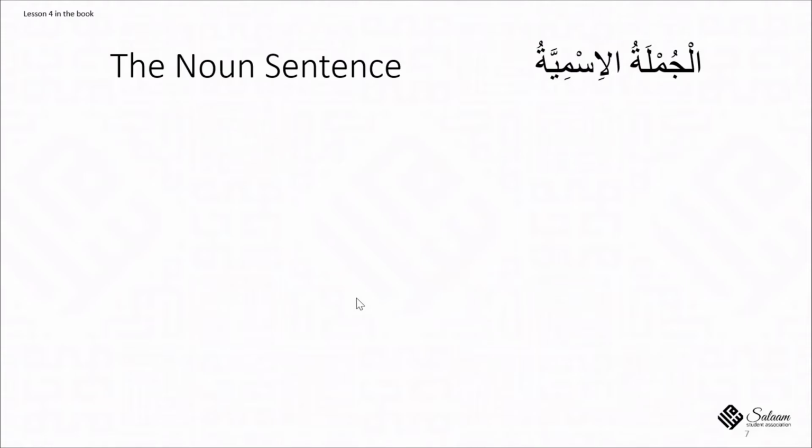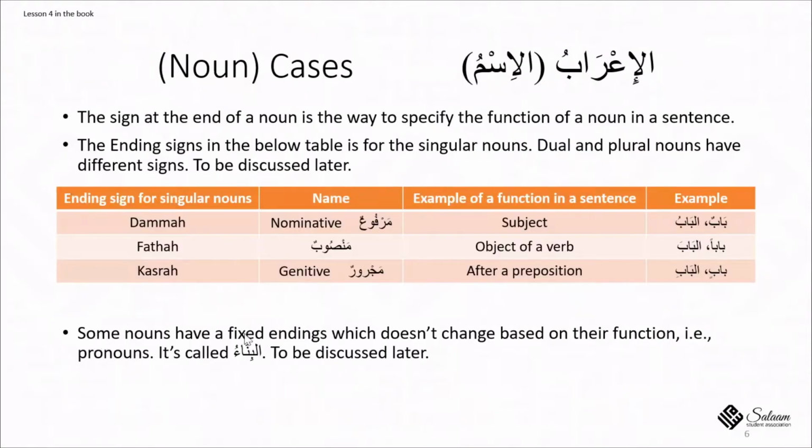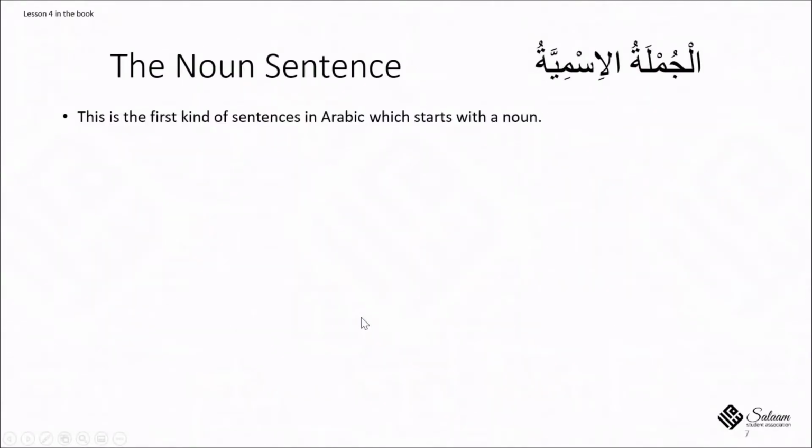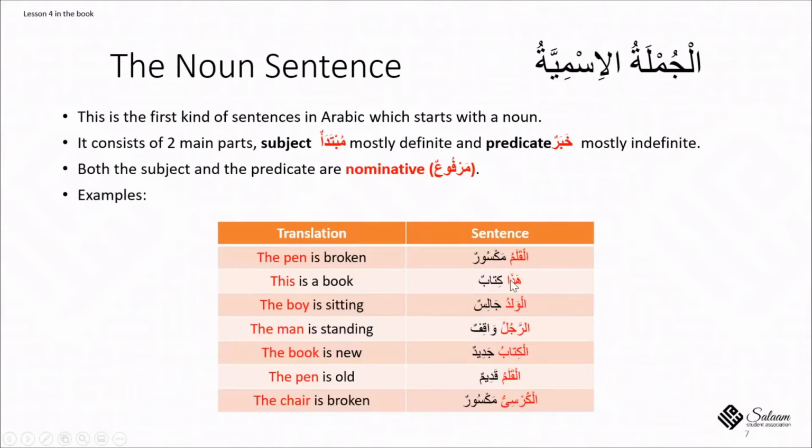If you remember, I added here, some nouns have a fixed ending and do not change. So هذا is one of them that we do not change whether it's marfu', majroor or mansub. So هذا will stay as it is. كتاب only has the dhamma at the end because it's a khabar. It's the second part of the sentence. So we have a complete sentence now. Mubtada is the first word. Khabar is the second word.